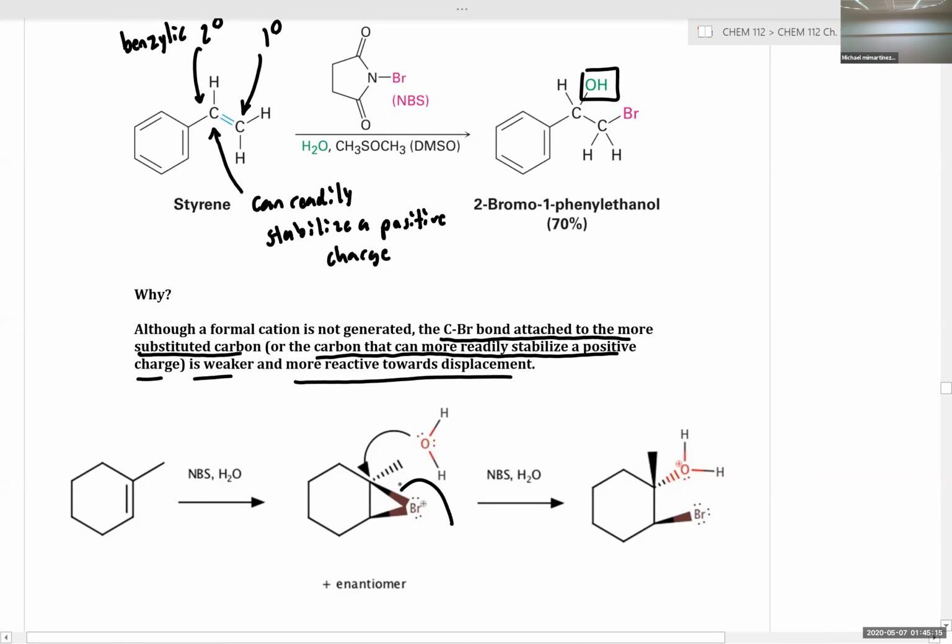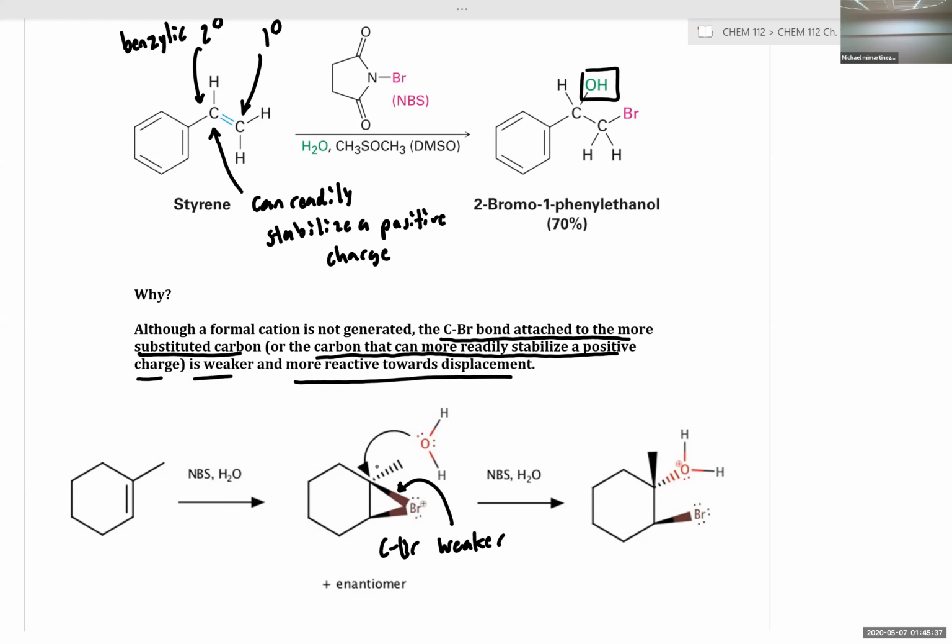So notice how this bond, this carbon-bromine bond, is weaker. And as a result, addition of water occurs at the carbon that can most readily stabilize a building positive charge.